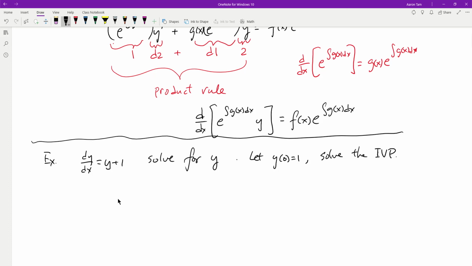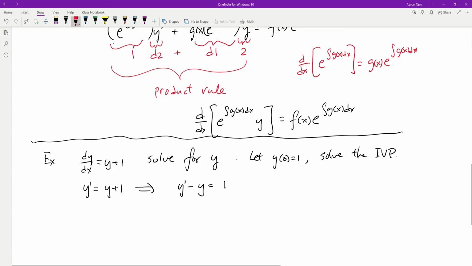And when we have y, we can then try to solve for the initial value problem. So how do you solve this? First, I'm going to rewrite it as y prime equal to y plus 1. And then I'm going to put it into what we call the normal form. And yes, you do have to put it into the normal form, because if you don't, you will not be able to identify the function g of x correctly.